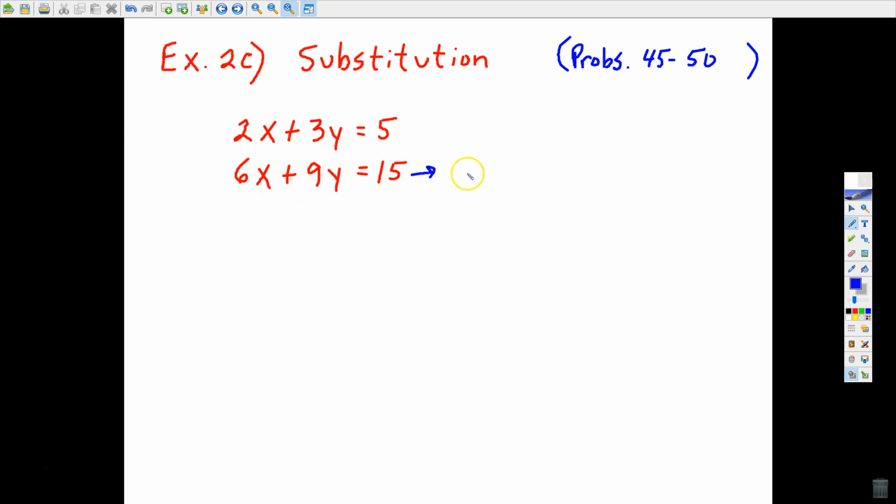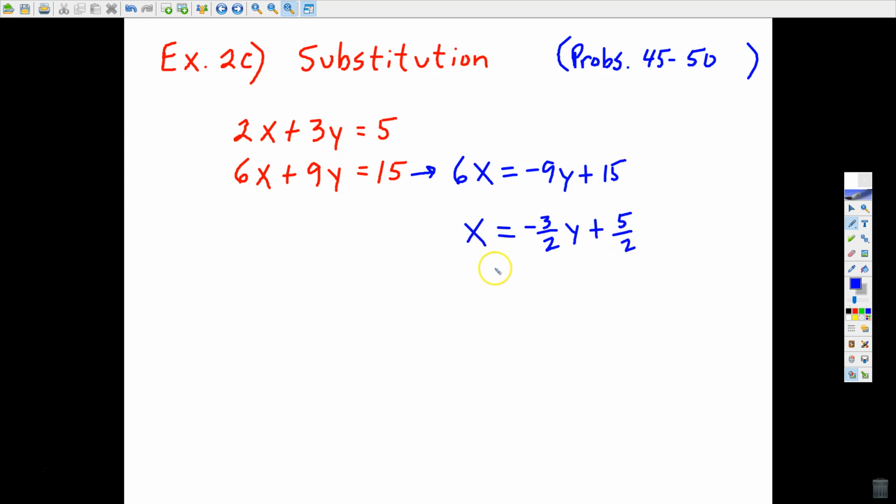So solving for x on the bottom, I get 6x is equal to negative 9y plus 15. And then solving for x means dividing by 6. Negative 9 divided by 6 is negative 3/2 y. Plus 15 divided by 6, obviously that reduces to 5/2.